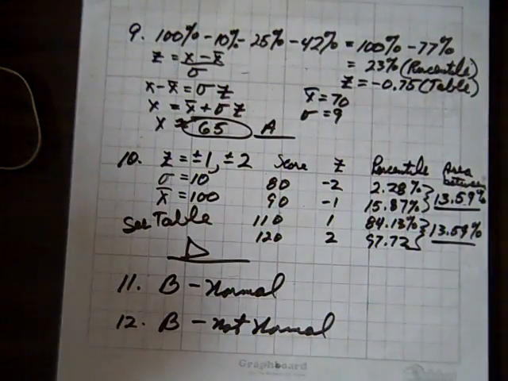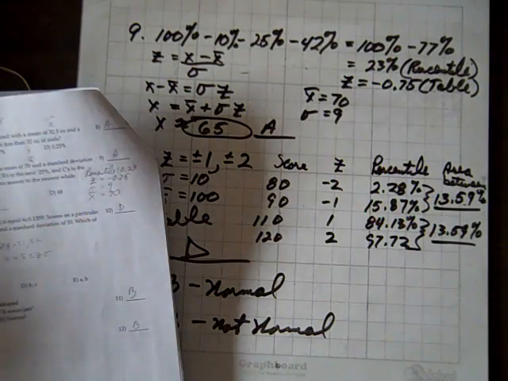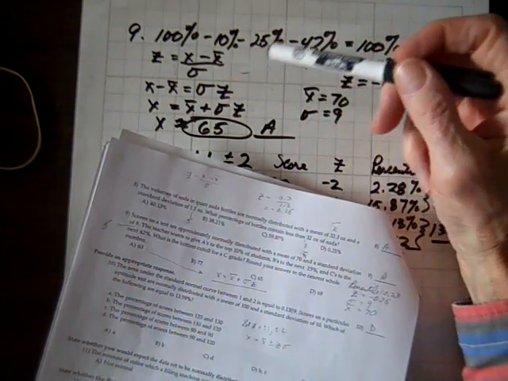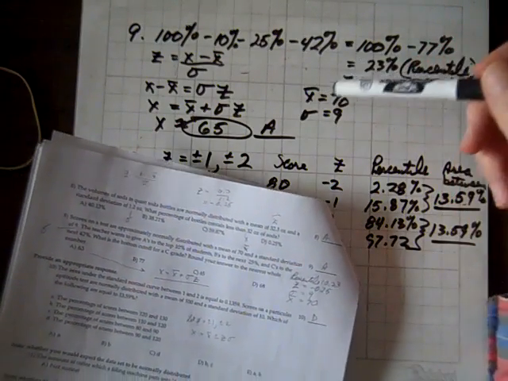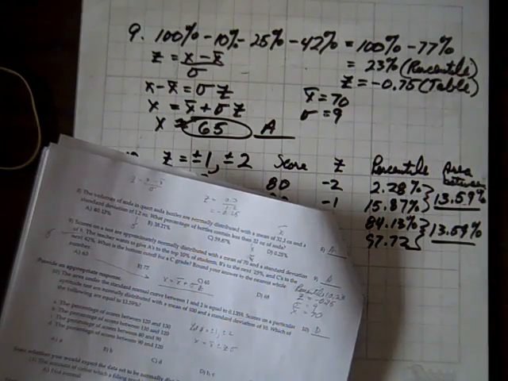So now we'll go to 9, and for 9, we have a little teaching dilemma. The scores on a test are approximately normally distributed with a mean of 70 and a standard deviation of 9.